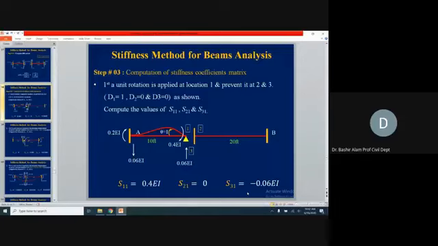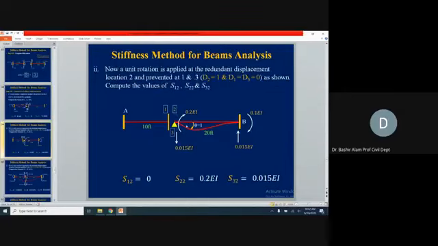Second, now corresponding to D2. Here all this what we are doing is written. D1 is equal to 1 we are applying, and D2 we are keeping equal to 0, and D3 also we are keeping equal to 0. Second, now corresponding to D2 we are applying a unit. Here you see theta is equal to 1 we are applying, and the left hand side rotation we are keeping 0, means it is fixed.